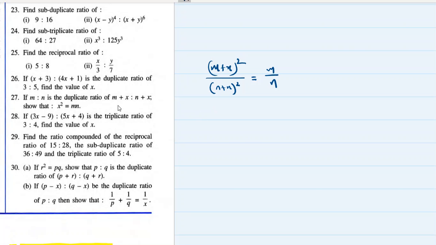That's the condition for duplicate ratio. M is to n is the duplicate ratio of this, so if this is squared, you get m is to n. Show that x square is equal to mn.